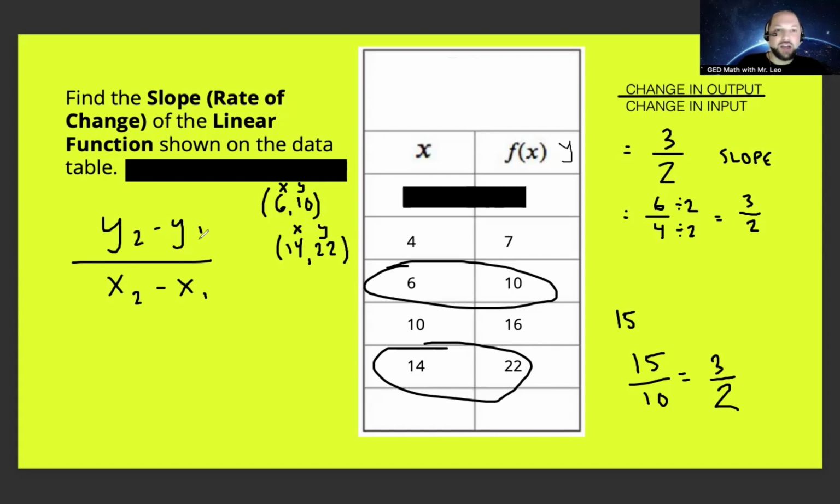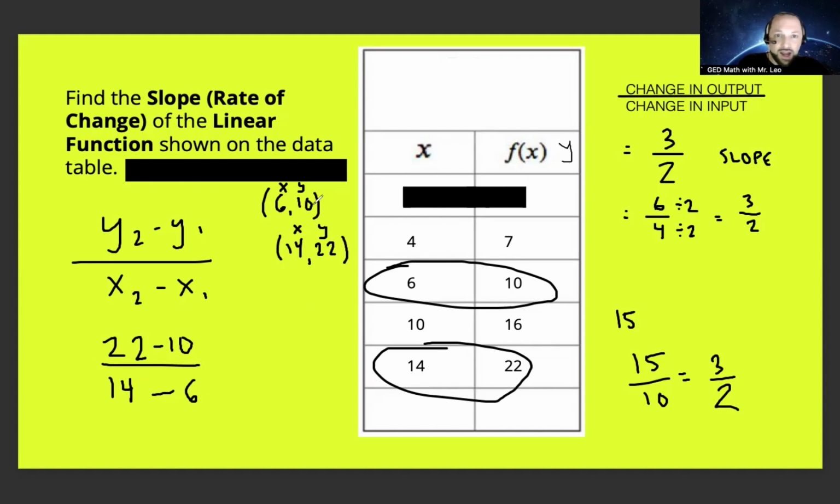So we need to put the Y values on top. I'll start with the larger one. 22 minus 10. I did this Y minus that Y over this X. I have to start down here now. Minus that X. 22 minus 10 over 14 minus 6.